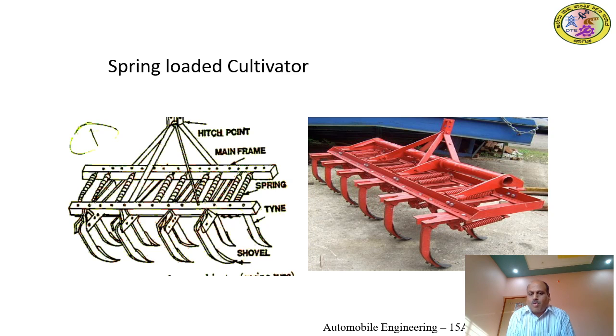To avoid that, we now use a spring loaded cultivator. The tines are connected to springs. One end of the spring is connected to the frame, and the other end is connected to the tine. Totally, 2 springs are connected to one tine.